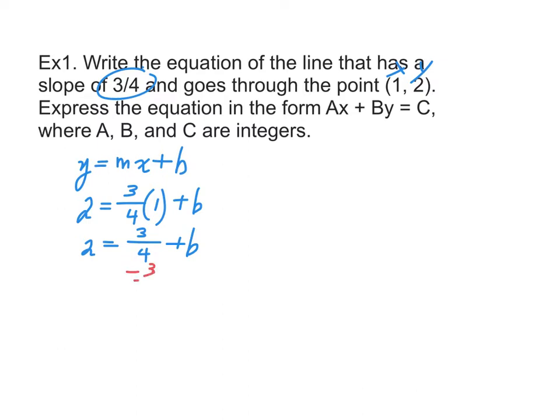This is where it gets a little messy just because of the fractions. 2 minus 3/4, you can think of that as 8/4 minus 3/4. Here I'm just finding a common denominator, so I'll do this on the side just to refresh your memory. 2 is the same thing as 8/4, and I want to subtract off 3/4.